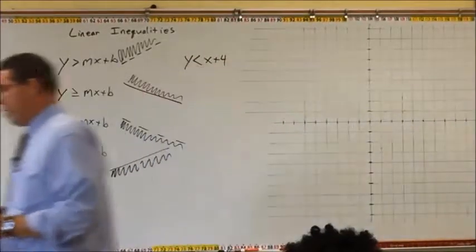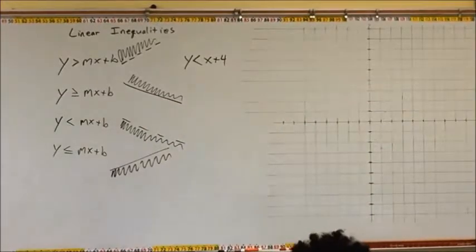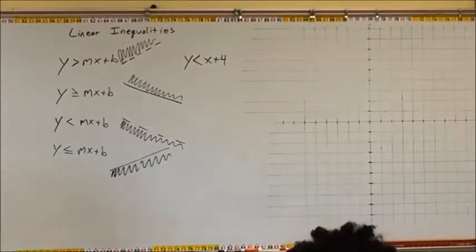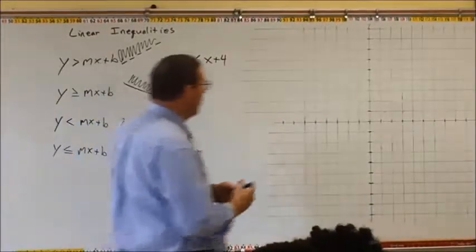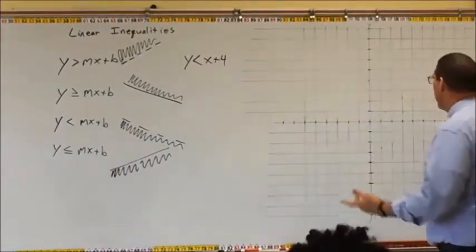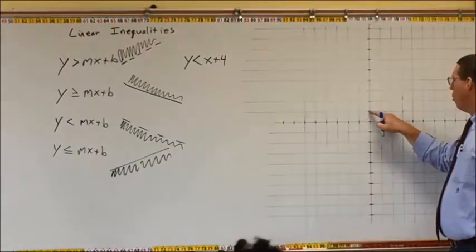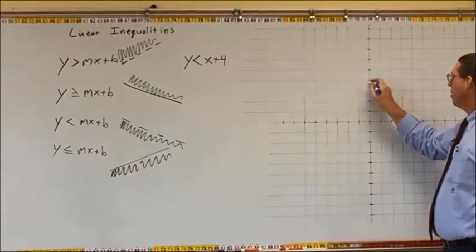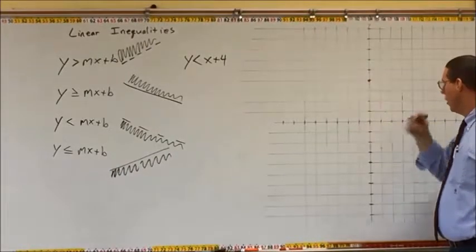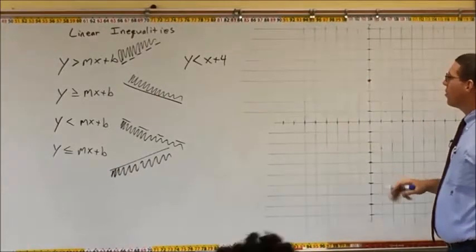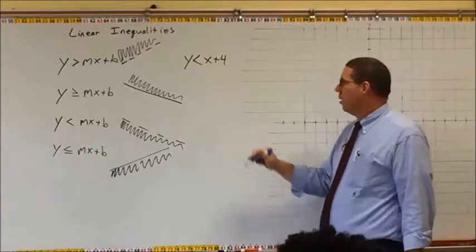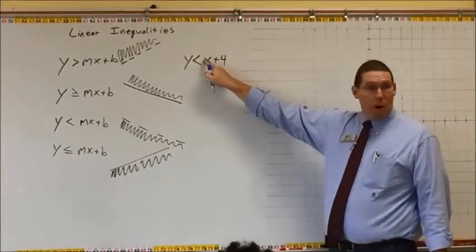Okay. All right. So now, on the graph paper, draw a coordinate plane, a vertical line and a horizontal line. And now we're going to go up to positive 4: 1, 2, 3, 4, right? Because it says x plus 4. And now, what is the slope of this line? It's 1, right?